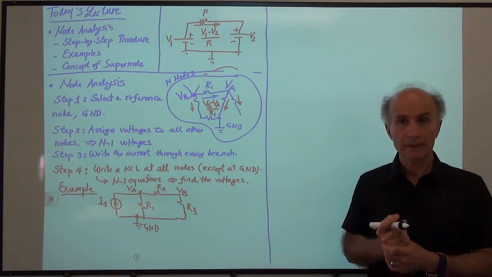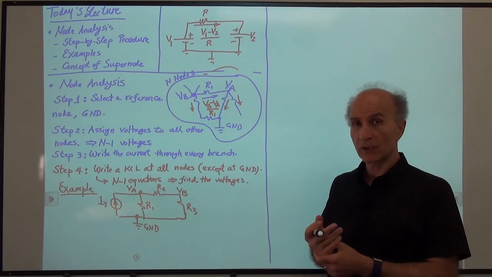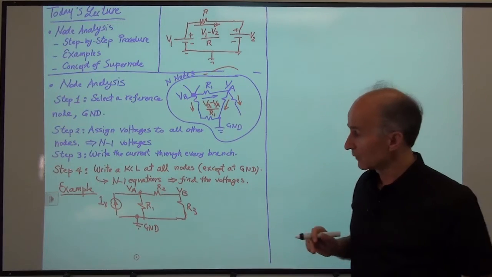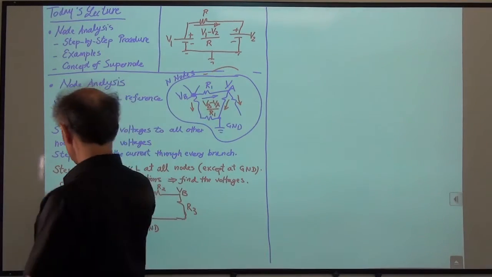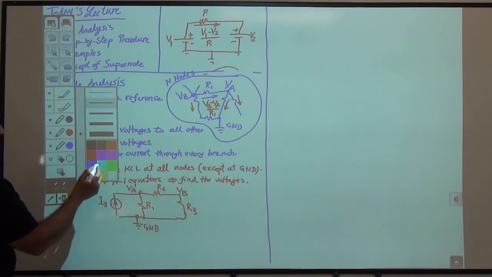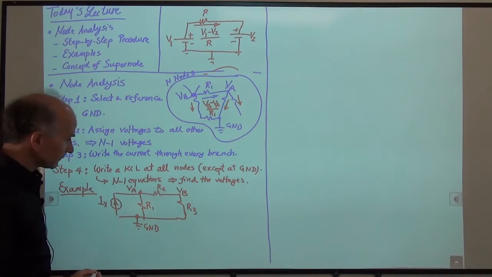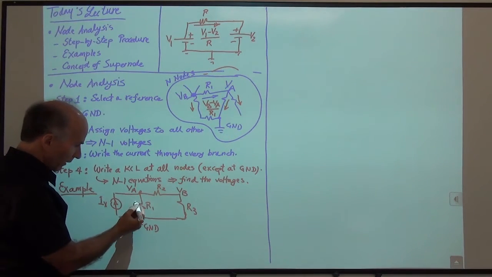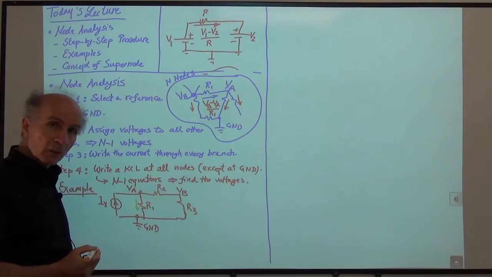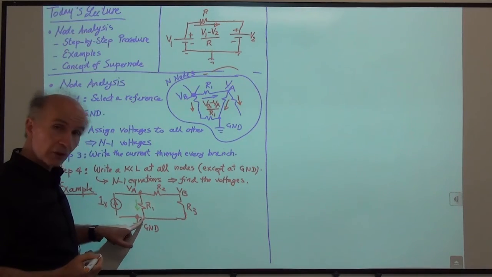Okay, so in step number three, we will find the currents through all the branches and write them on the circuit, on the schematic. So let's try to do that. Let me change the color of my pen here to make sure that the currents stand out. Okay, so let's start from here. How much is the current flowing through R1? Well, the top voltage is VA, the bottom voltage is 0.